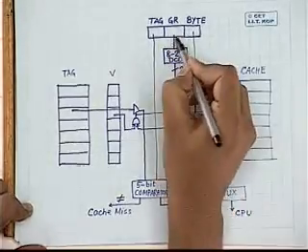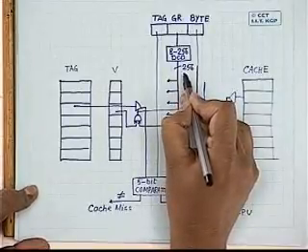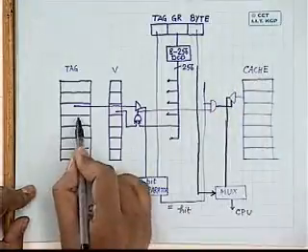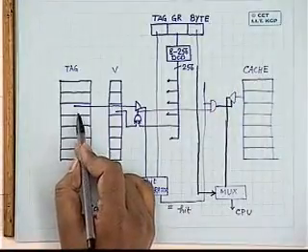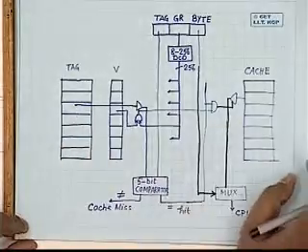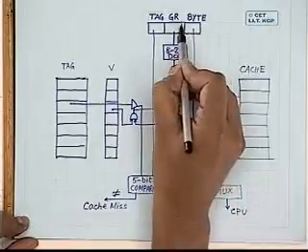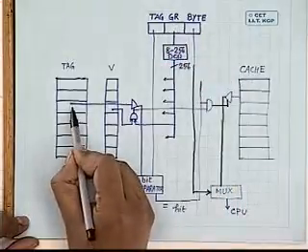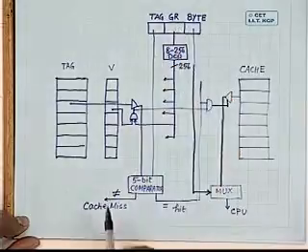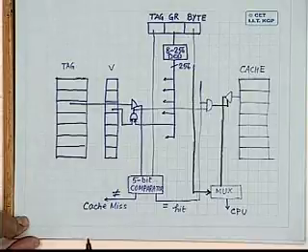Now, depending upon the content of this group field, one of the 256 outputs of the decoder will be high, all other outputs will remain 0. So I'll check that particular tag memory location corresponding to which the decoder output is high. Okay. So my logic is, if I find that I get a tag for which the group field is also matching, then I assume that the requested block is available in the cache memory.